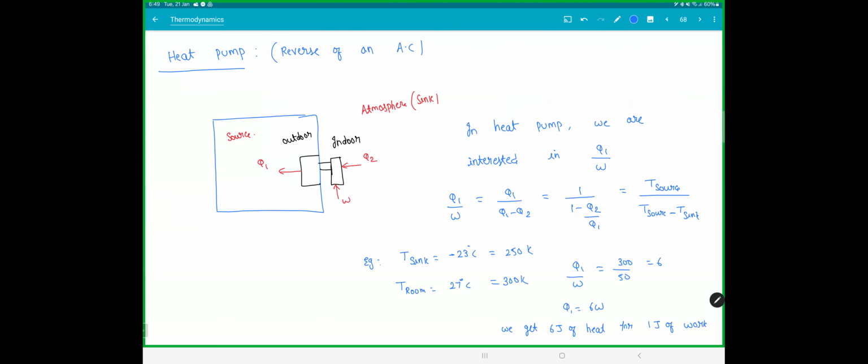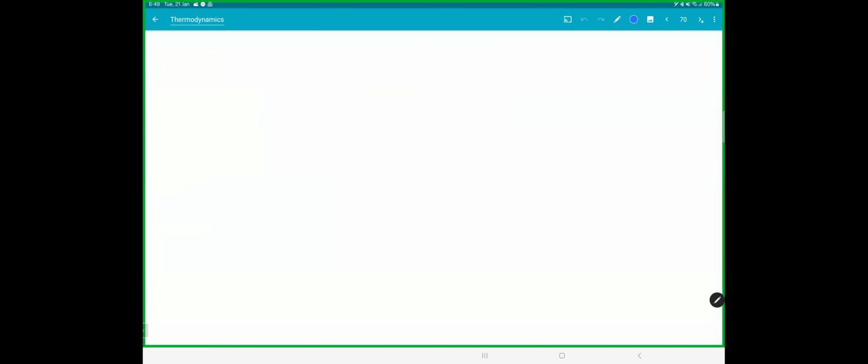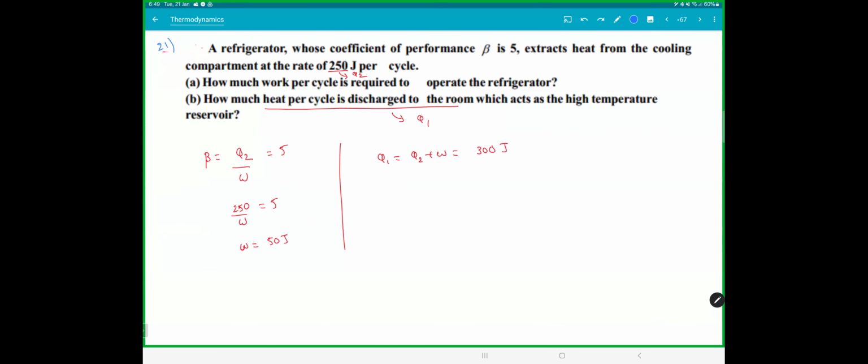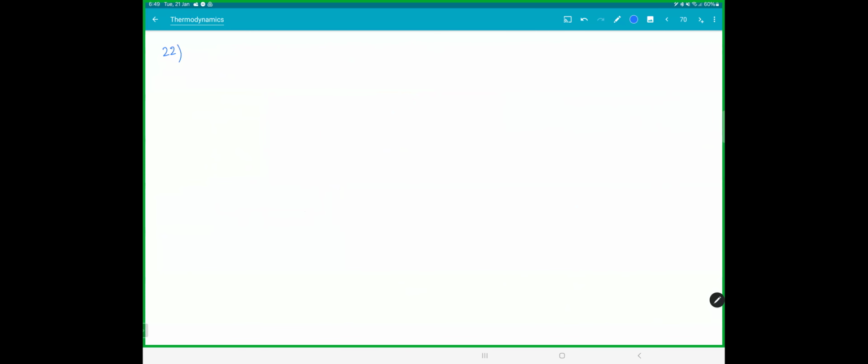Let's say a question. In a certain process, the heat Q is equal to kT. K is a constant, T is the temperature in Kelvin.